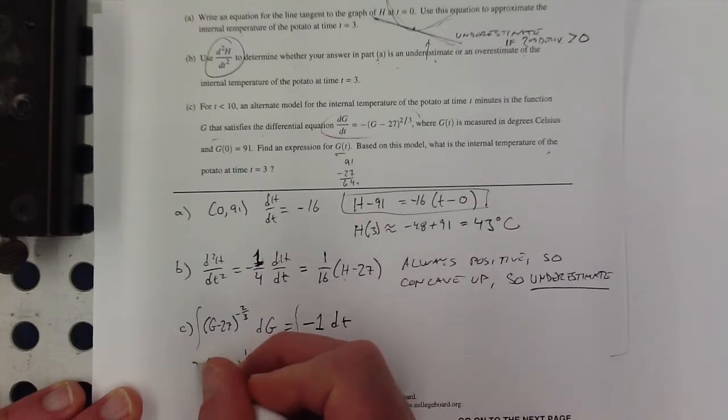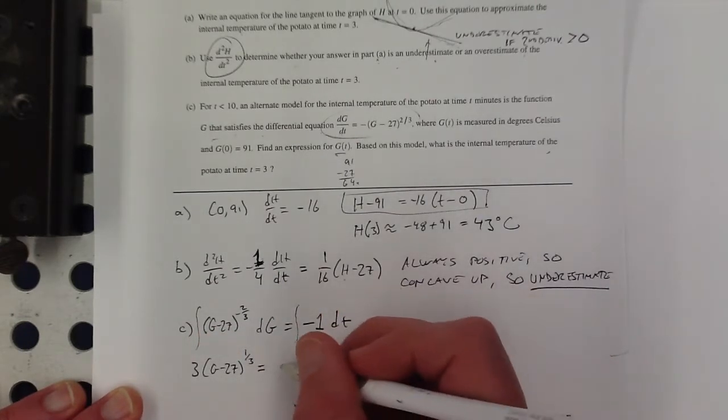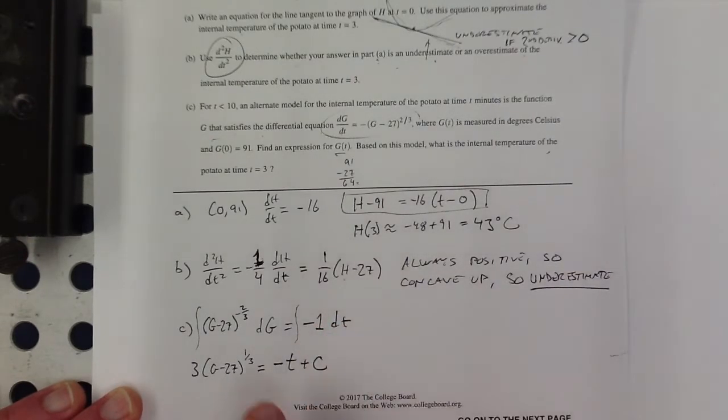Dividing by 1/3 is the same as multiplying by 3. That equals the antiderivative of negative 1, which is just minus t plus c. There would be a c on both sides, but we always consolidate them on the left.